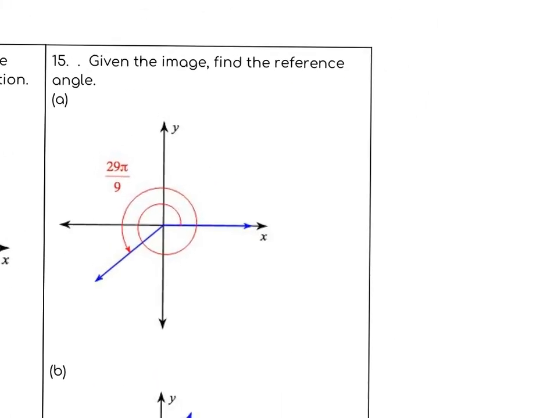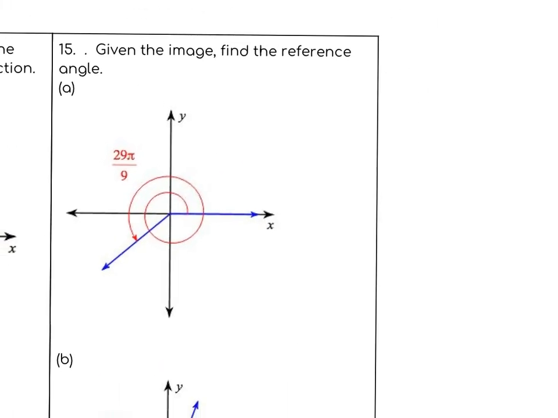All right, looking at number 15a, we're finding the reference angle for this. And that means we're trying to figure out what to get back to the closest x-axis. For 29 pi over 9, going around one whole time is 2 pi, and I'm going to write that in terms of a denominator of 9, so that'd be 18 pi over 9.